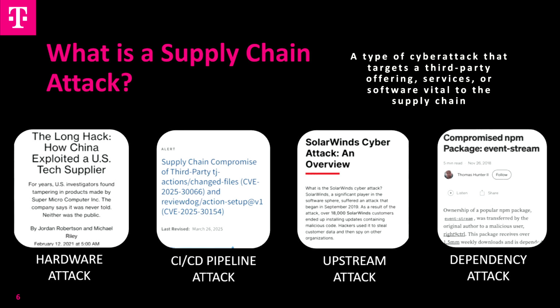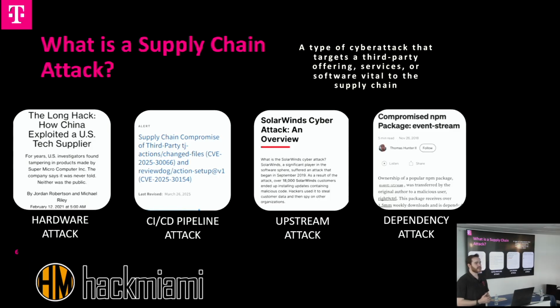Upstream attack is the more stereotypical supply chain attack that people think about when we talk about cyber supply chain attacks, in which you have an end target, typically a company that maybe has more security controls in place and is harder to attack directly. So instead, you look at their vendors, their third parties, other clients, or people who have access to their network. You target them, which by proxy allows you to gain access to your end target.